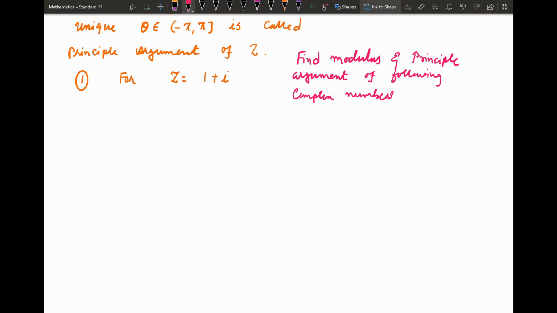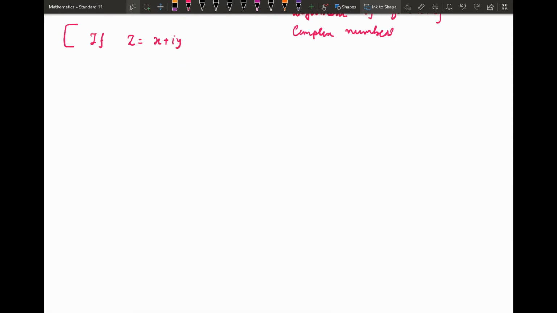Now before we discuss, you focus on the 4 quadrants. If z equal to x plus iy, there are 4 possibilities. First, x and y both positive. Second, x negative, y positive.